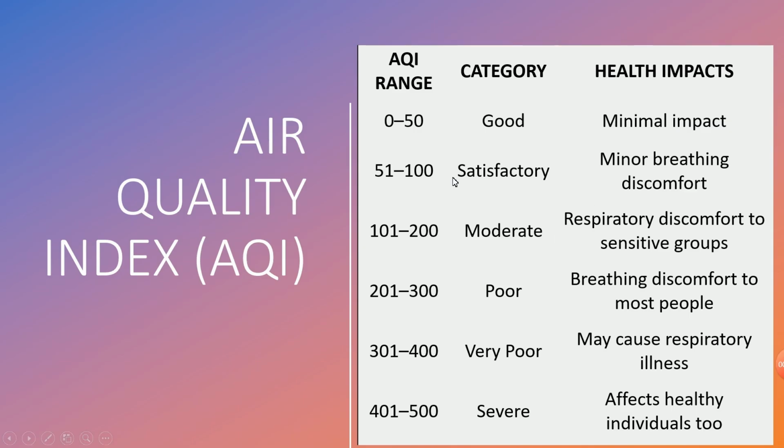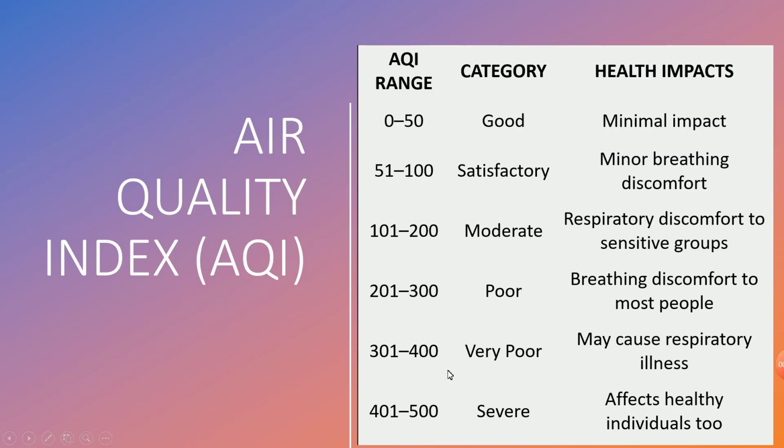So the air quality index is the determinant factor for a sustainable lifestyle. AQI range 0 to 50 comes under the good category, so the health impact should be minimal. Then 51 to 100 is satisfactory. See here, it goes from 0 up to 500.